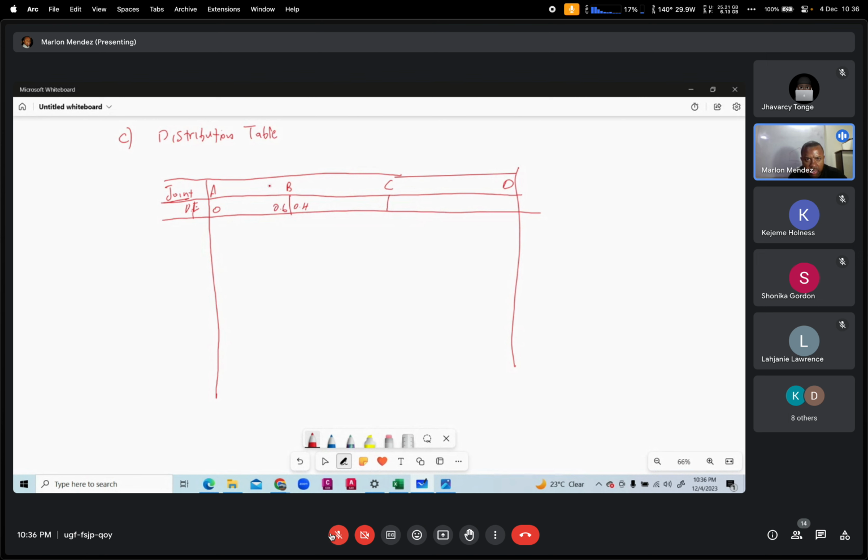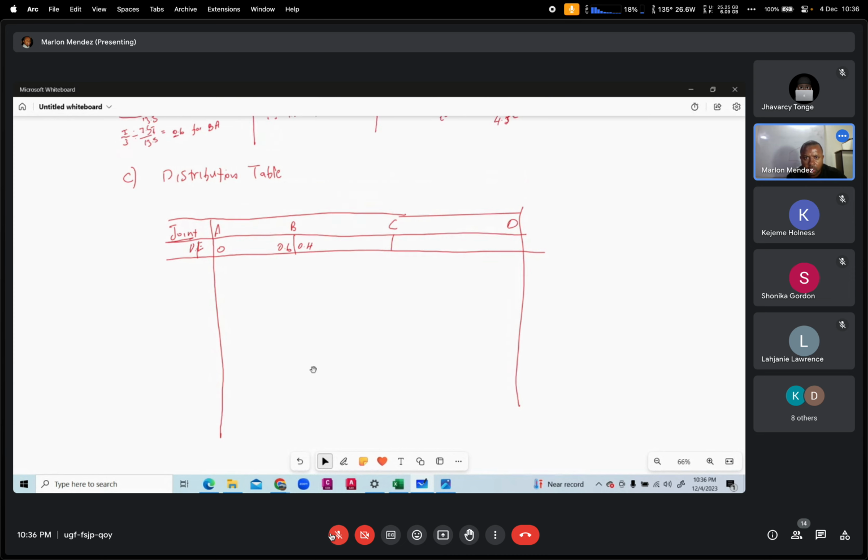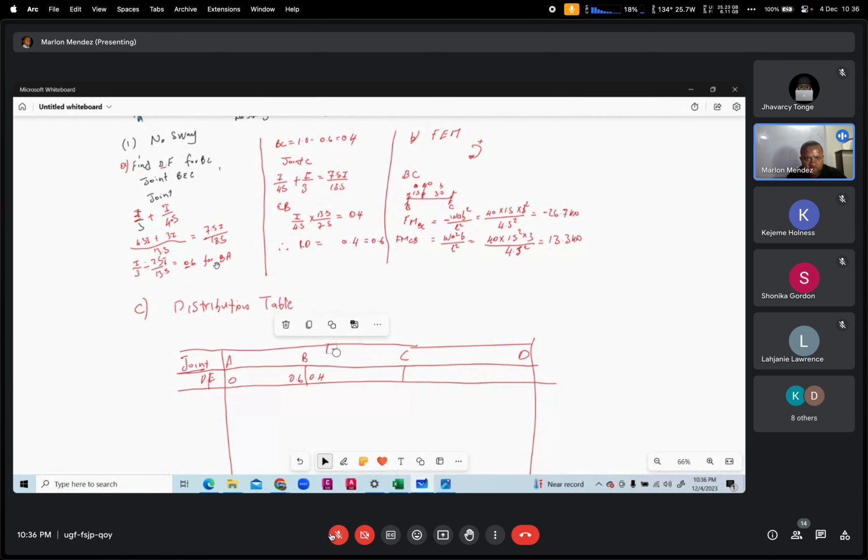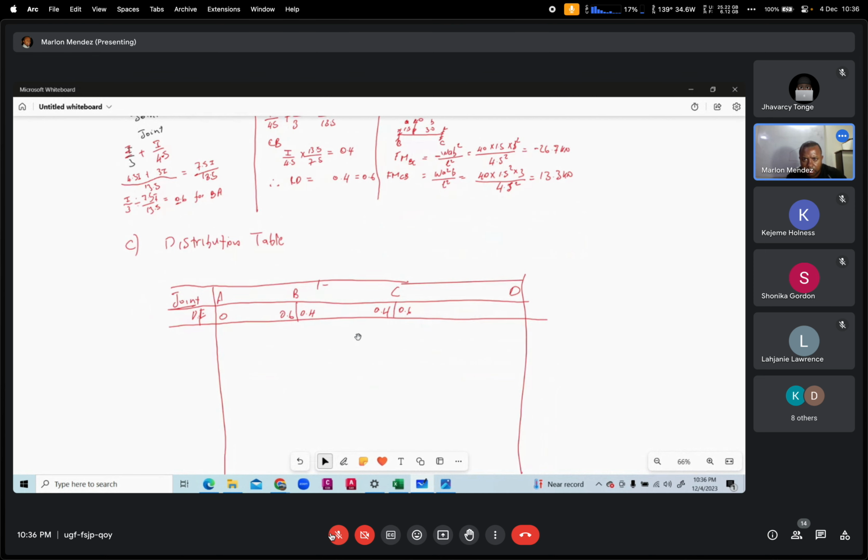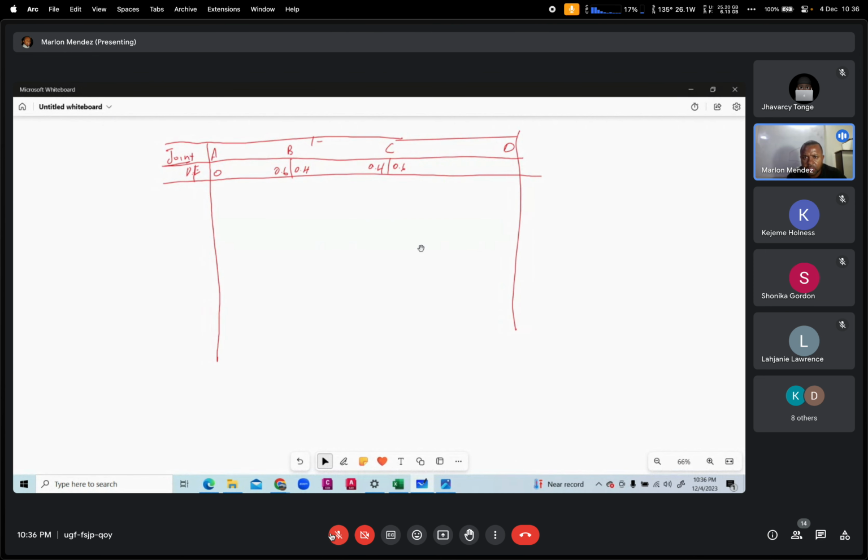We had B, A, B, C. Based on the distribution factor, BA is 6 and CB is 4. So this now becomes 0.4, 0.6. And this here is 0.